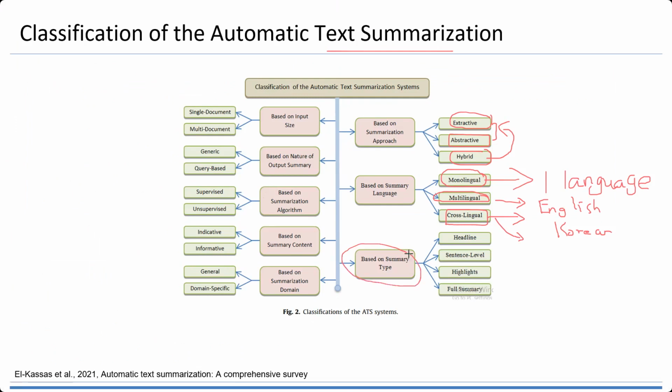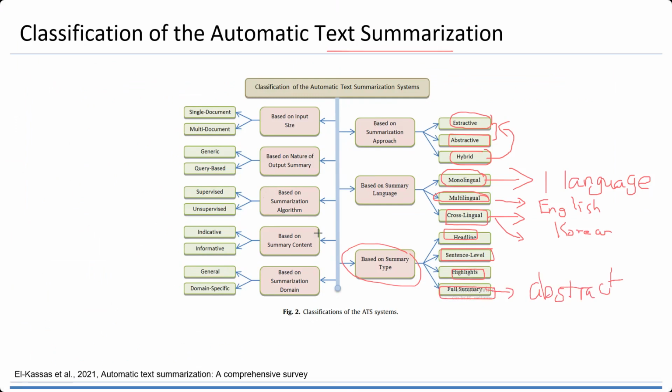If it is based on the summary type, you can check whether it is a headline. Headline means the title. You know, in the news we have the title. And then you may summarize on the sentence level, or make a highlight, or make a full summary. This is usually what we call an abstract.